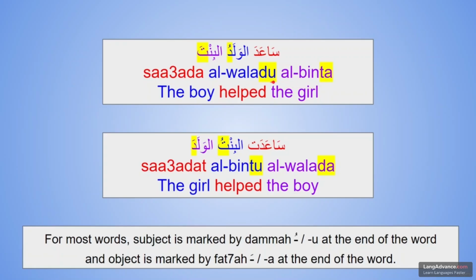So the boy here has u at the end, الولد, and the girl has a at the end because it's the object, البنت. But in the other case, it would be the girl helped the boy, so ساعدت البنت الولد. Now you see البنت takes the U sound and الولد takes the A sound, indicating that U is for subject and A is for object.